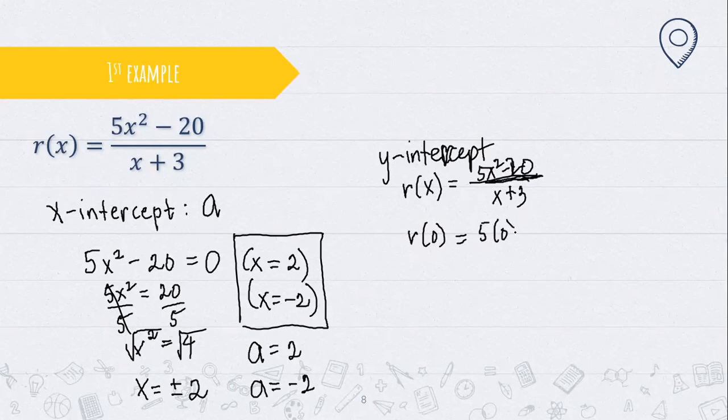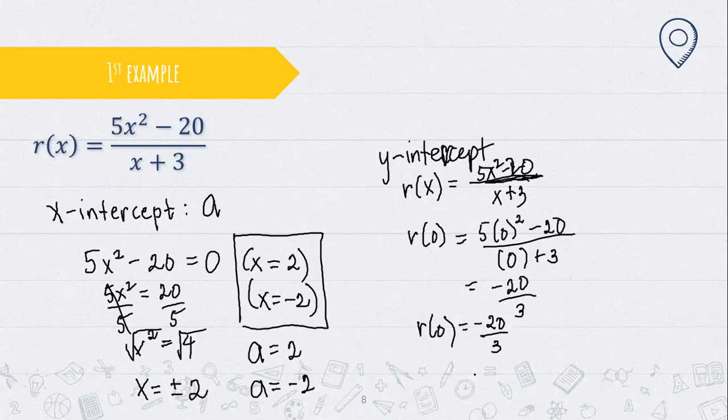So 5 times 0 squared minus 20 over 0 plus 3. 0 times 0 is 0, times 5 is 0 pa rin. So ang natira is negative 20 over 3. So our r of 0 is equal to negative 20 over 3, which means our y-intercept, denoted by the letter B, is equal to negative 20 over 3.